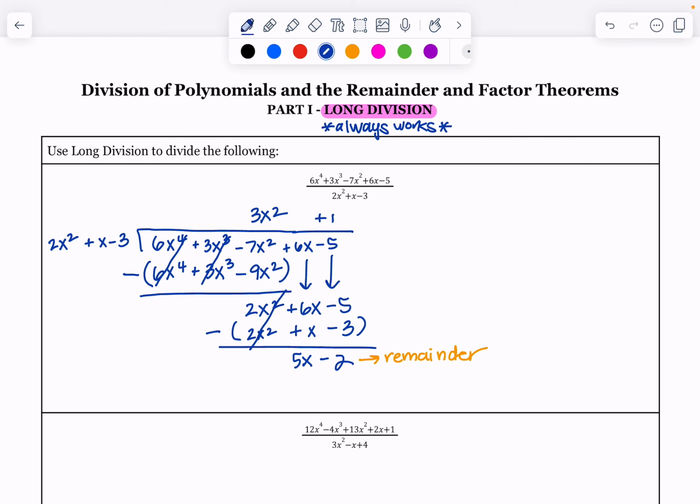So the answer to our question up here, that polynomial divided by 2x squared plus x minus 3, is 3x squared plus 1, but there's a remainder. So when we write our remainder, we're going to take what we got, 5x minus 2, over what we divided by. So the remainder is 5x minus 2, out of 2x squared plus x minus 3. So this would be our final answer.